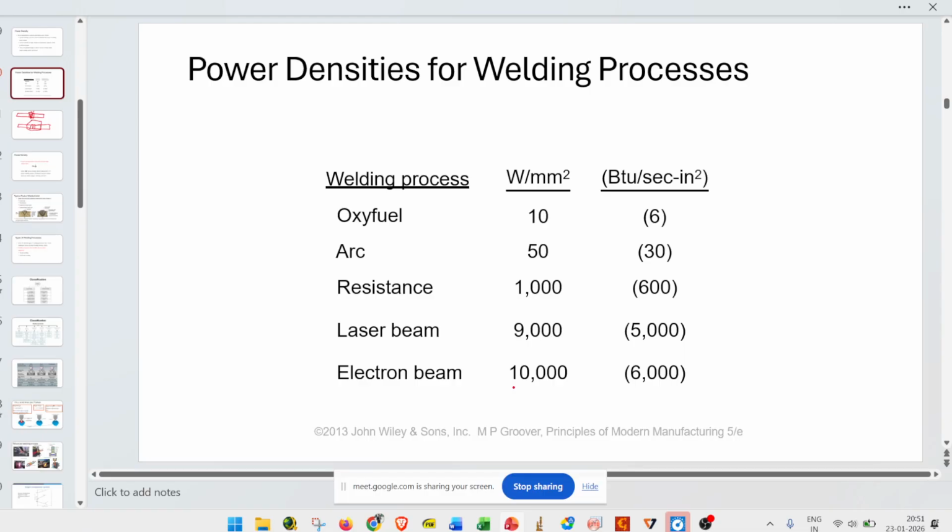But the problem is that electron beam and laser beam welding are much more expensive, so we cannot use them for general applications, only very specific ones. For generalized applications, we go with arc welding and oxy fuel welding and so on.